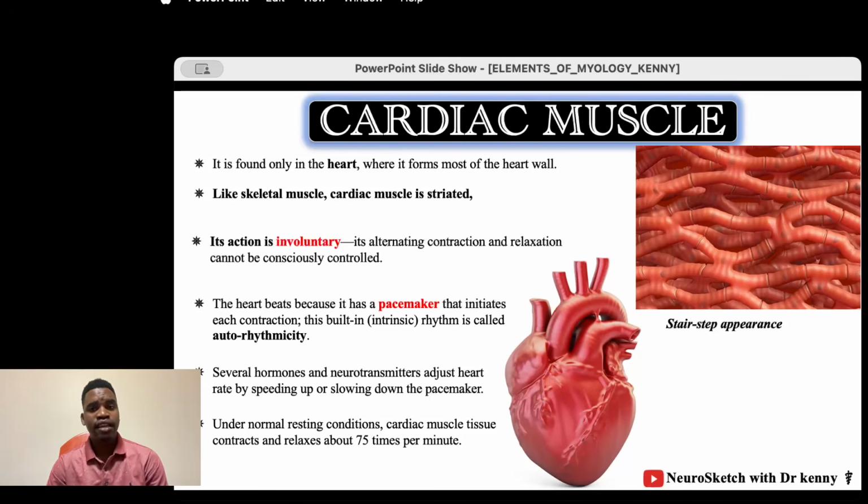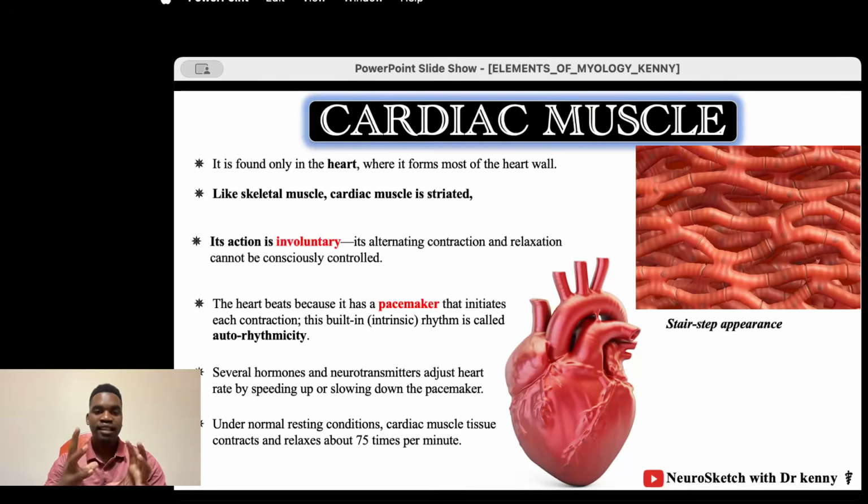But of course, it responds to chemical and electrical stimulation coming from the body. But these stimulations only change how the heart behaves, not initiate the cardiac activity, because the cardiac activity is all initiated within itself by the presence of the pacemaker.